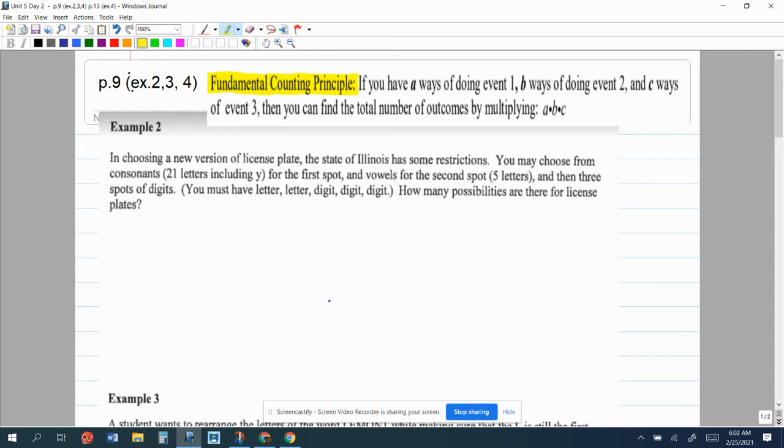So, now this counting principle means that if I have A ways of doing an event, and then I have B ways, a different number of ways of doing some other event, maybe I have C ways of doing even a third event, I can find the total number of outcomes by multiplying those different ways. And so we're going to employ this by looking at a couple of examples to see how this works.